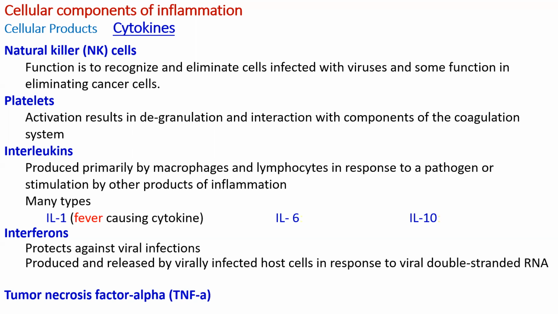IFN alpha and IFN beta induce production of antiviral proteins, and IFN gamma increases the microbicidal activity of macrophages.